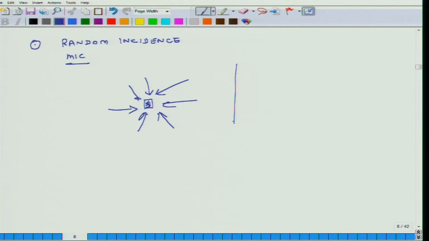So in that case I use this random incidence mic. Its directivity characteristics have to be more or less omnidirectional, because otherwise I will not be able to capture sound coming from all directions with the same sensitivity. This is also known as a diffuse field mic.